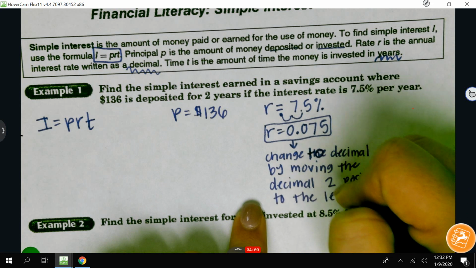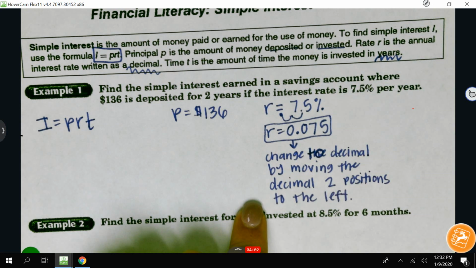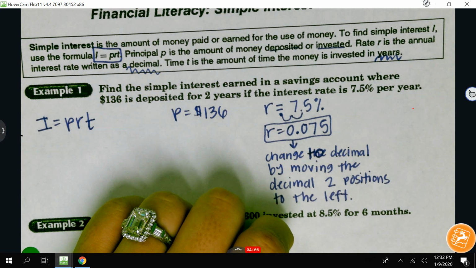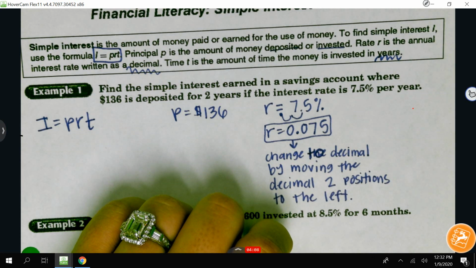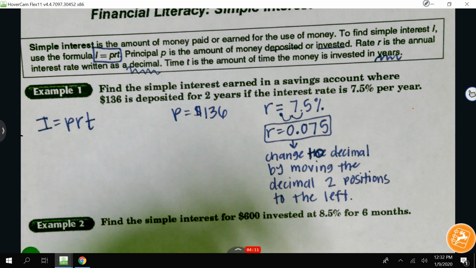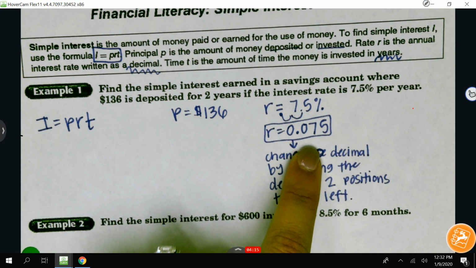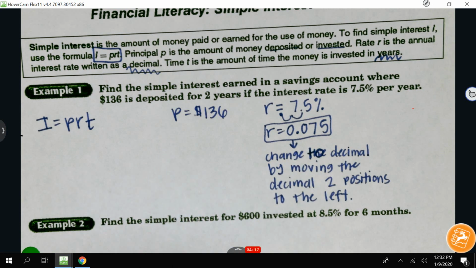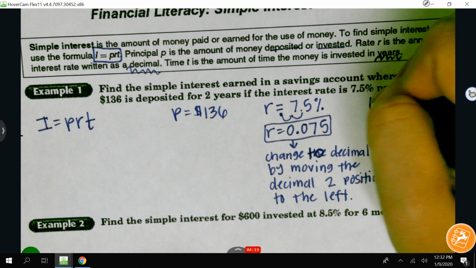Left. To the left. Good. So we're going to move that decimal 2 places to the left, and that's what you're going to plug into the formula.